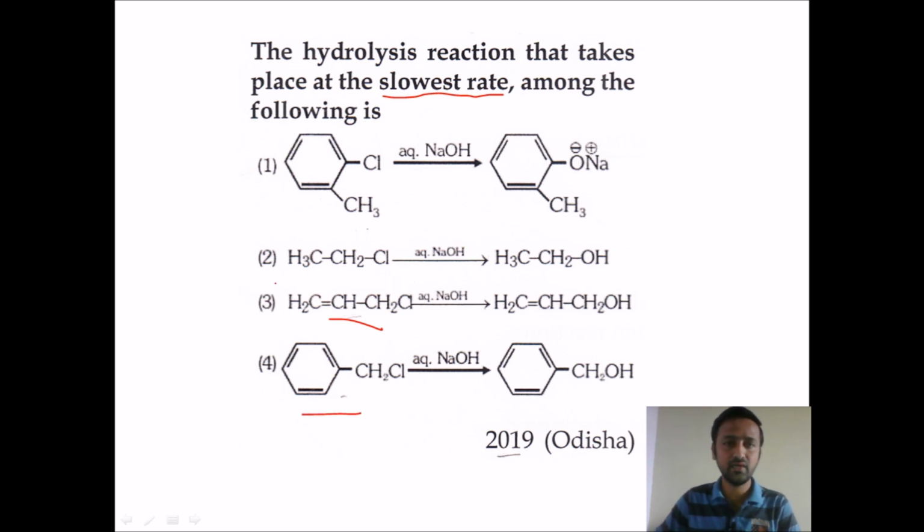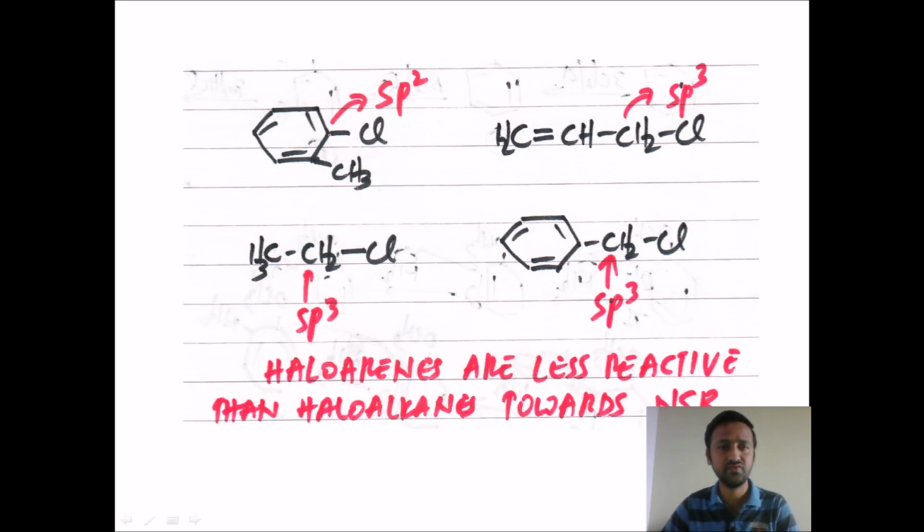We already learned in haloalkanes and haloarenes that haloarenes are less reactive compared to haloalkanes towards nucleophilic substitution reactions. In the first substrate molecule, which is a haloarene, chlorine is attached to an sp2 hybridized carbon atom. In ethyl chloride, chlorine is attached to an sp3 hybridized carbon.